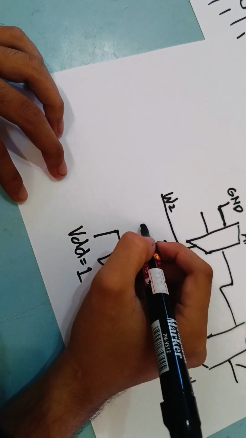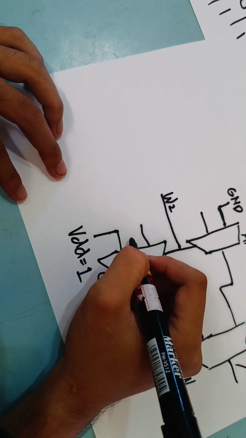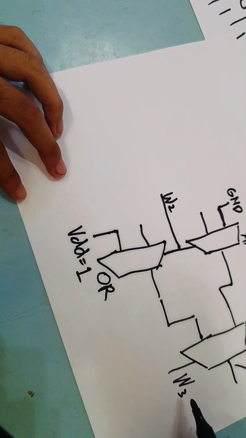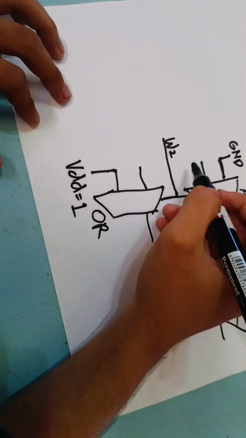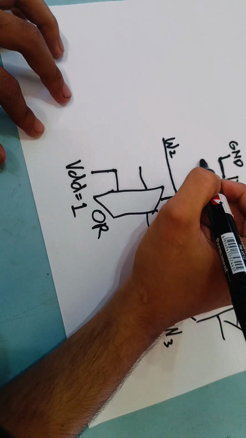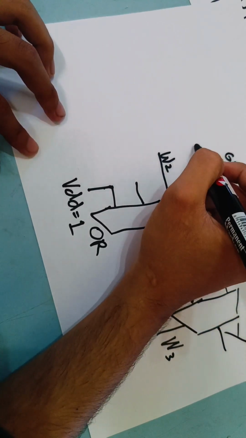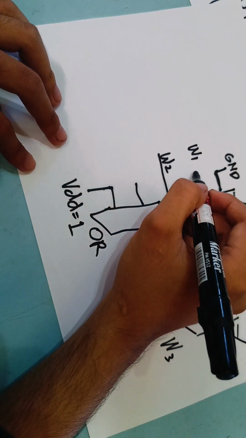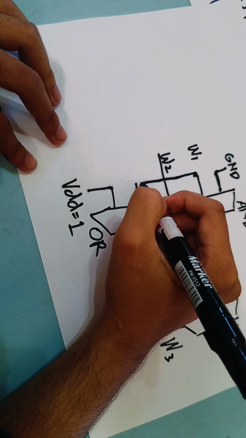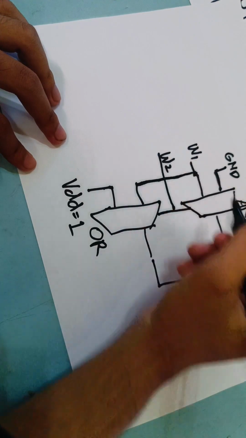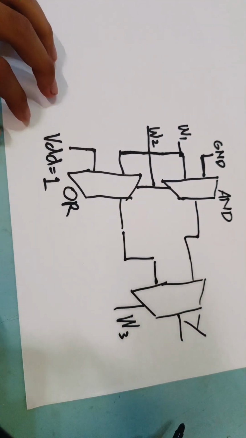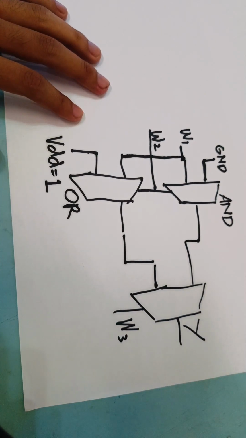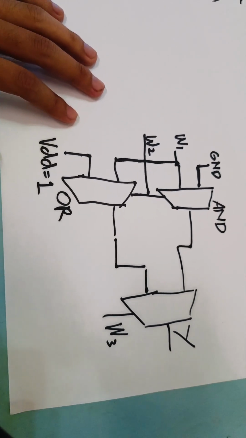And then in this input, since we use the W2 as the selector and the W3 as the last selector, we are going to use the W1 here. So it's going to be like this. Okay, this is how we implement the Cout of the full adder into 3 multiplexers.